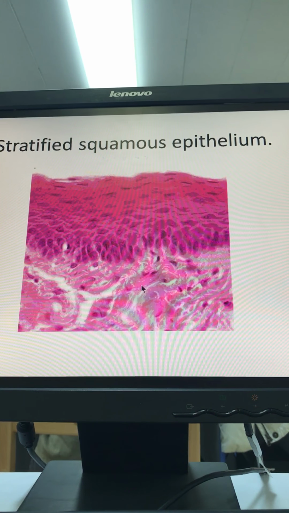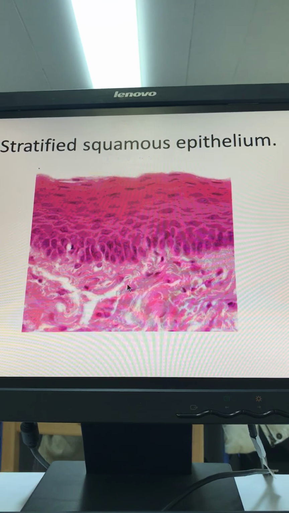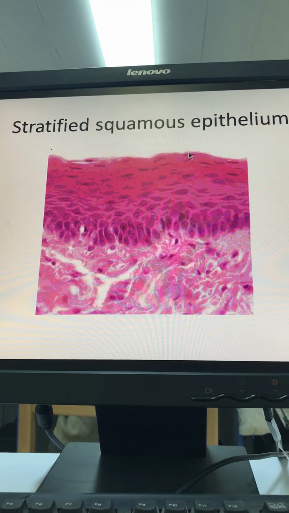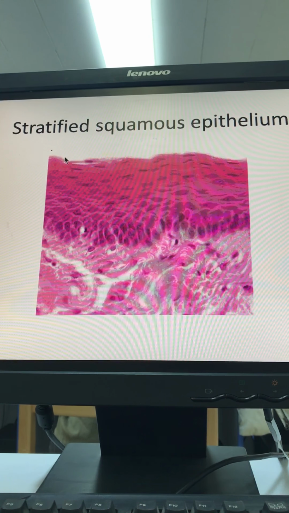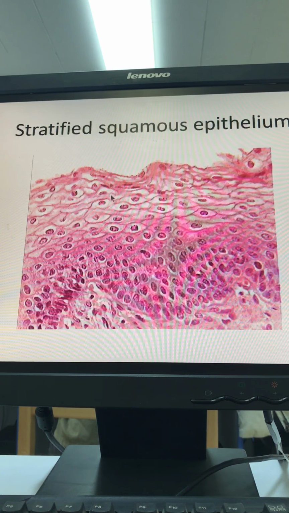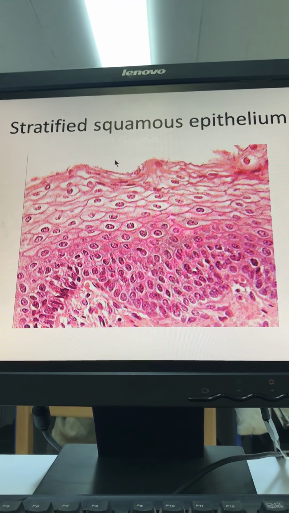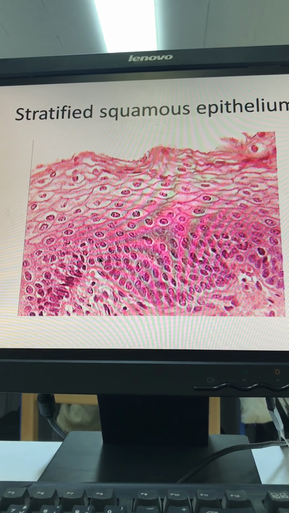Now the supporting tissue here is always connective tissue for the epithelium. Now we have no additions at the surface, so we say non-keratinized. Again, here the lumen or the surface, okay, we have more than one layer of cells for the epithelium.